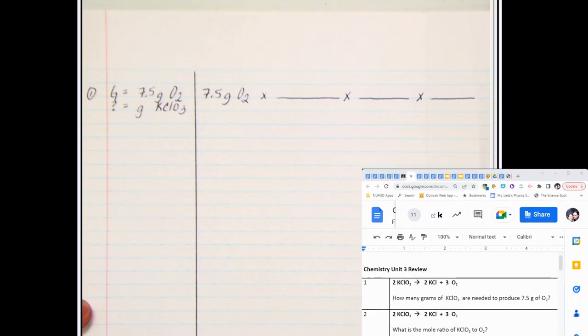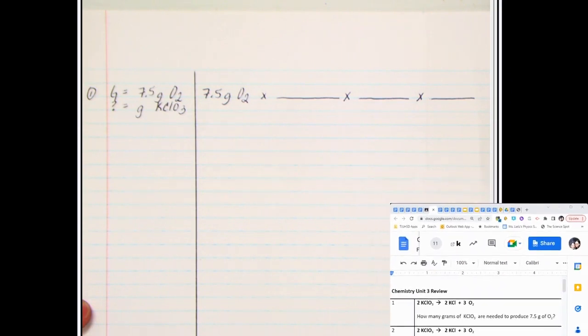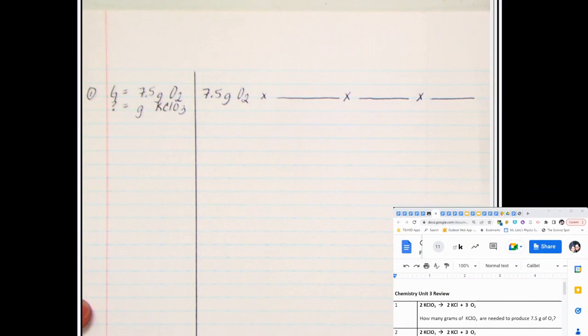Okay, and then what we're going to do is fill in those spaces.